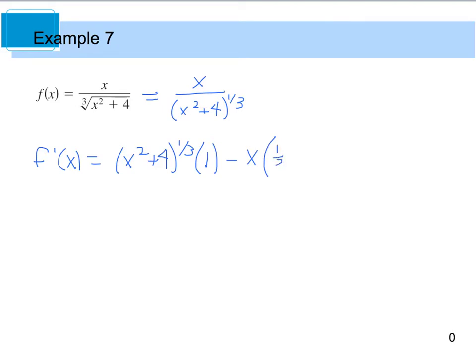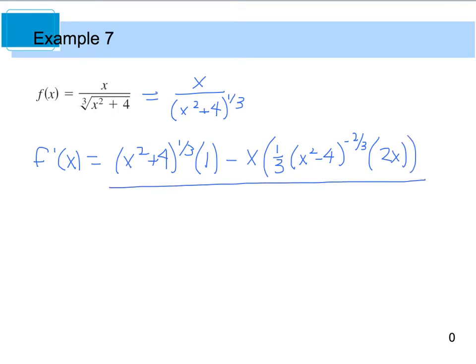So this will give me 1/3 times the quantity of x squared plus 4 to the negative 2/3 times the derivative of the inside, which is going to give me 2x. And then I'm going to divide the whole thing by the quantity of x squared plus 4 to the 1/3, and then I'm going to square all of that.